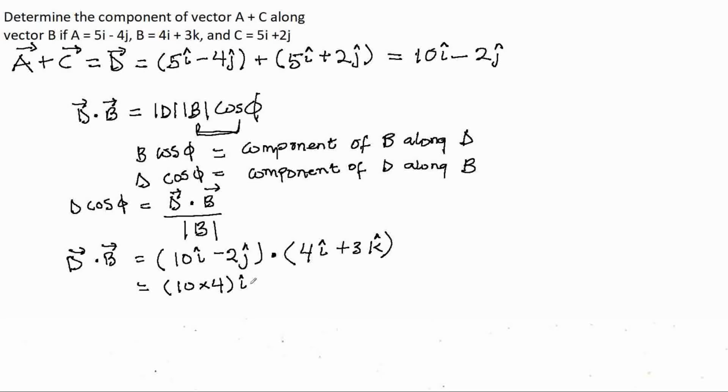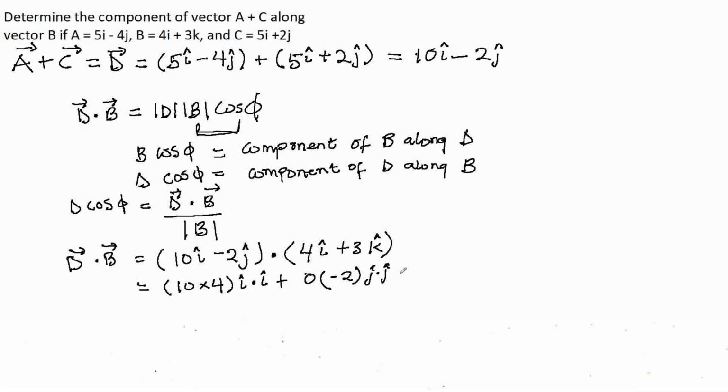plus, this is negative 2j. But there is no j component in B. The j component there is 0. So we have 0 multiplying negative 2, then j dot j.